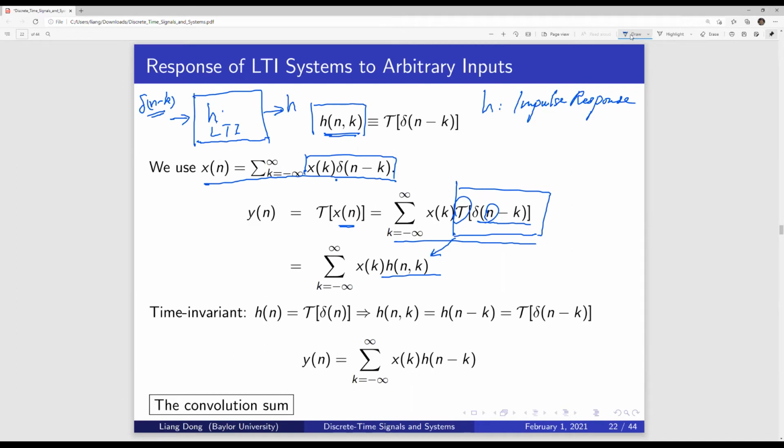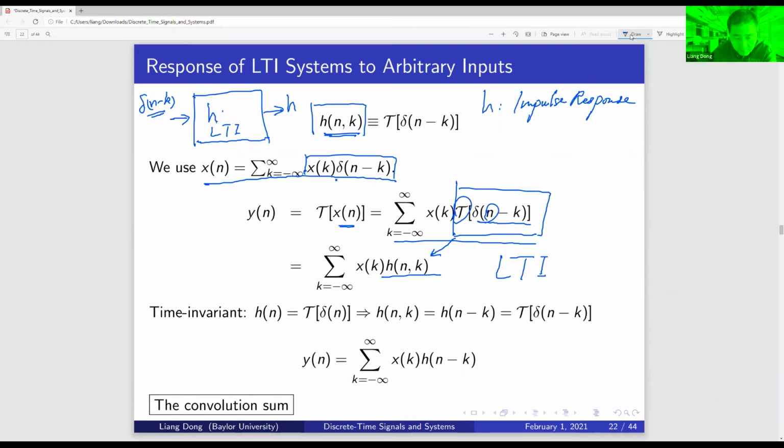Now we need to use the second property of a linear time invariant system. All we used here is the linear property. So if it's a linear system, the operation can work on each individual input, and then I have individual outputs, add them together, give me the combined output.